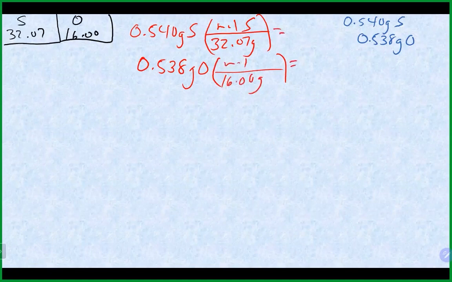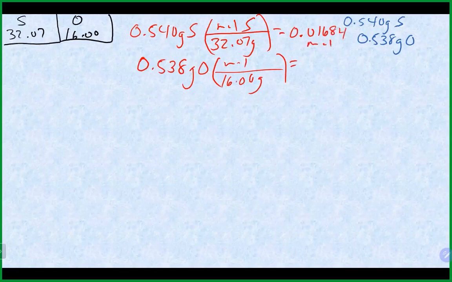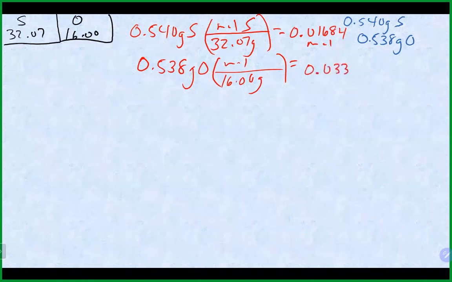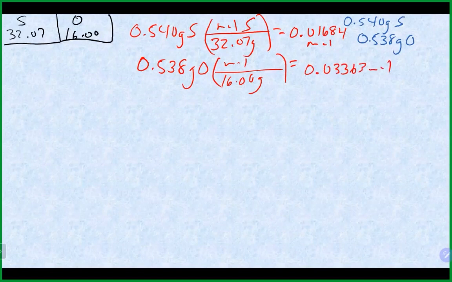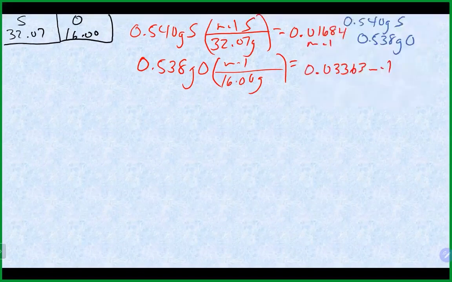That gets us 0.540 divided by 32.07, which is 0.01684. And for the other one, 0.538 divided by 16 is 0.03363.